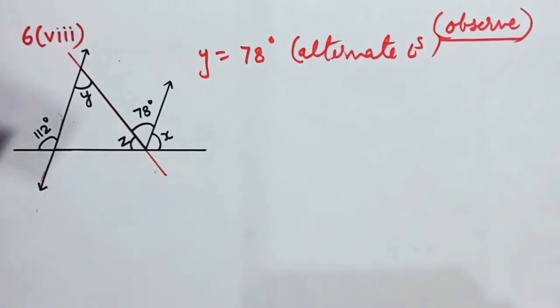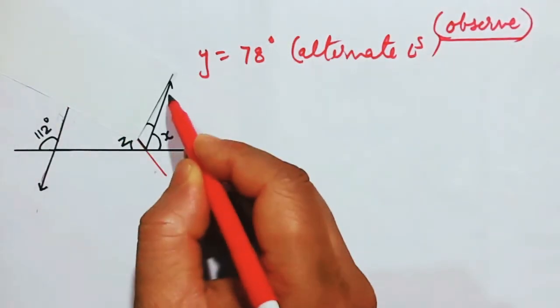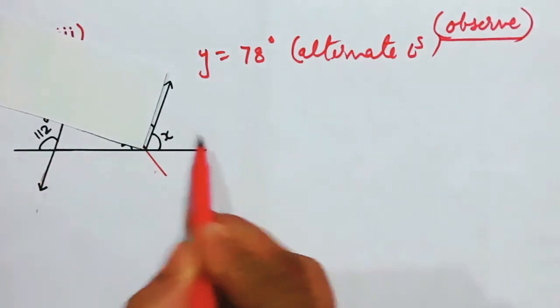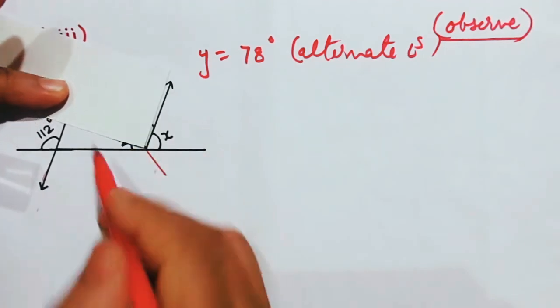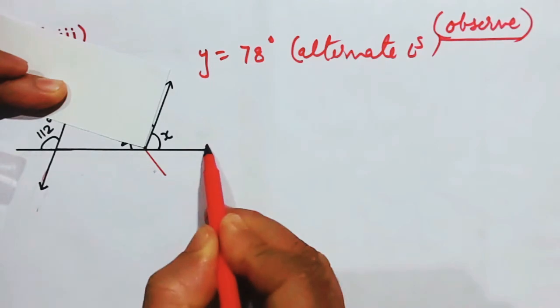Let me hide this portion. Okay, so these two lines are parallel, and this is the transversal.